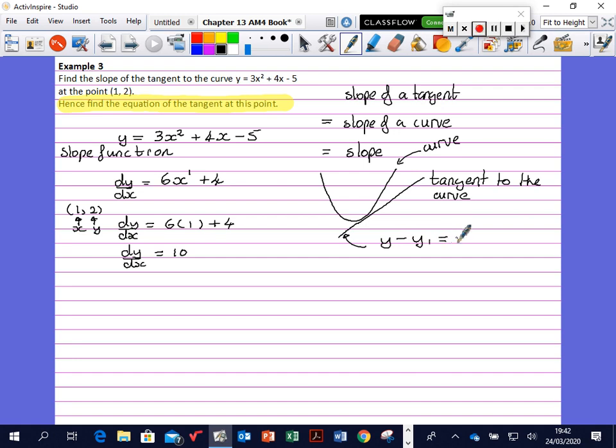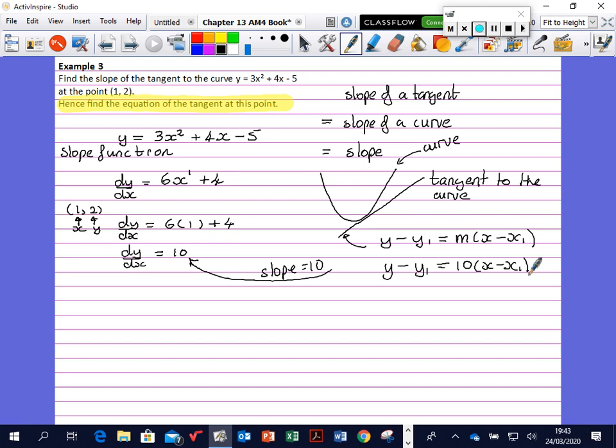y minus y1 equals m times x minus x1 is the equation of any straight line. But we know from over here that the slope is equal to 10. We know that from here. So we can now advance this equation on. y minus y1 is equal to 10 times x minus x1.